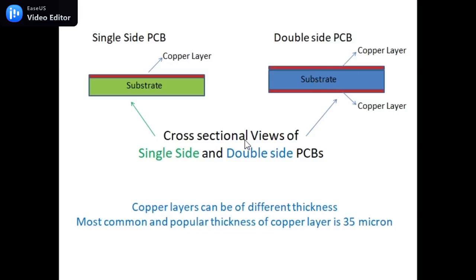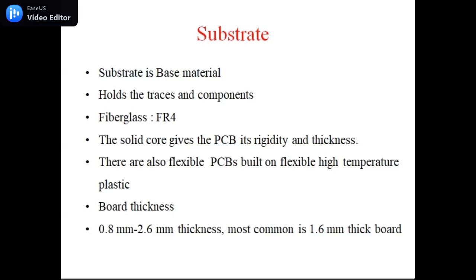Simply, the copper layer is deposited on a single side for single-sided PCBs, and on both sides for double-sided PCBs. Blank PCBs can be purchased from the market. We can purchase these PCBs in different sizes and shapes. We can purchase bigger PC boards and cut them to use as per our requirement.